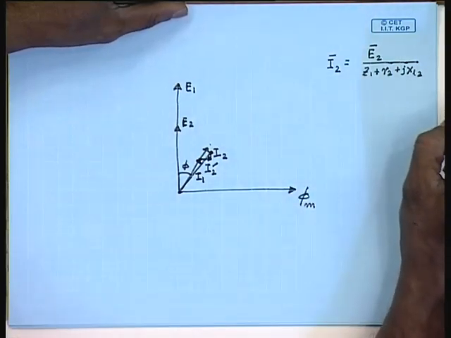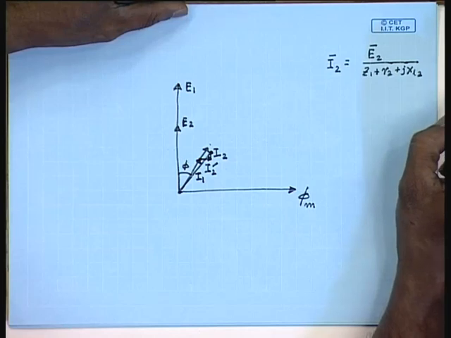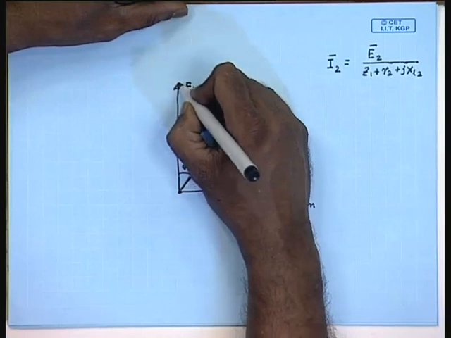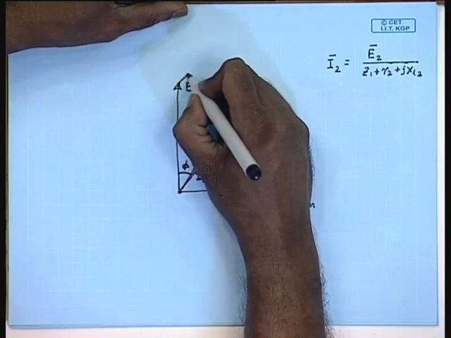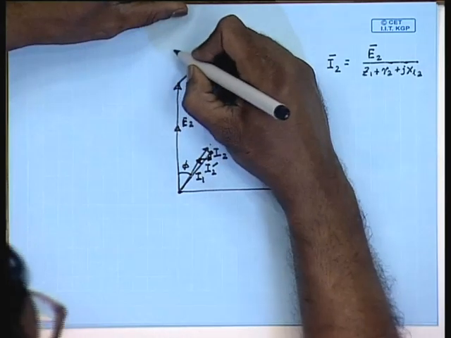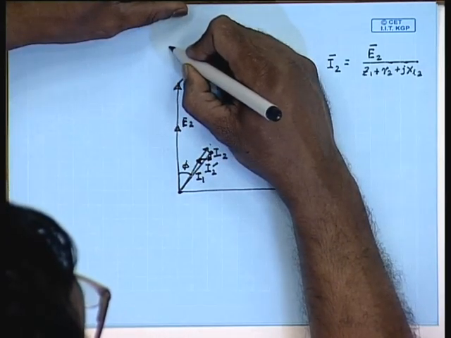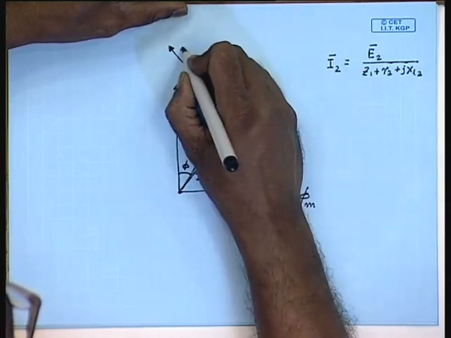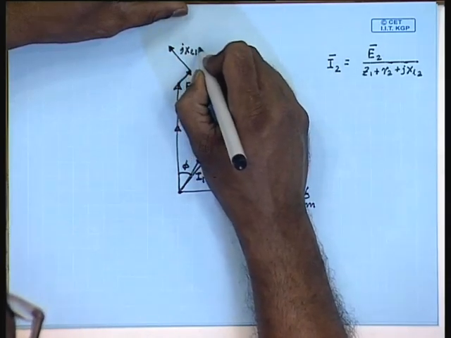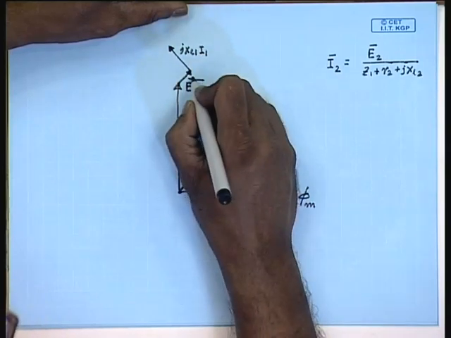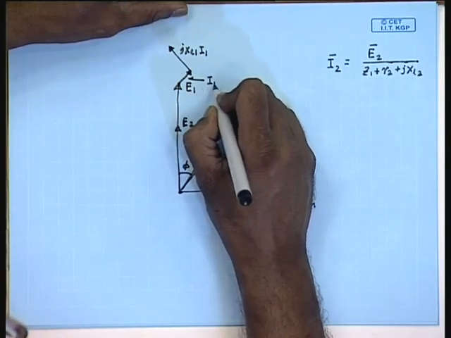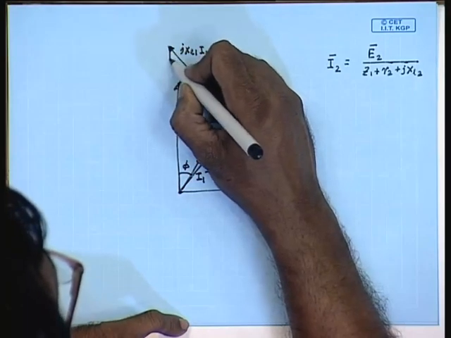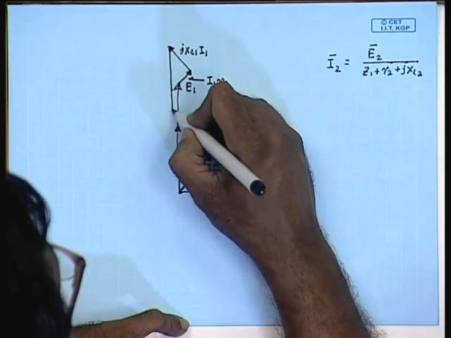The voltage V1 can be obtained from the first equation, E1 plus I1 R1 plus j XL1 I1. So, this is the phasor V1.